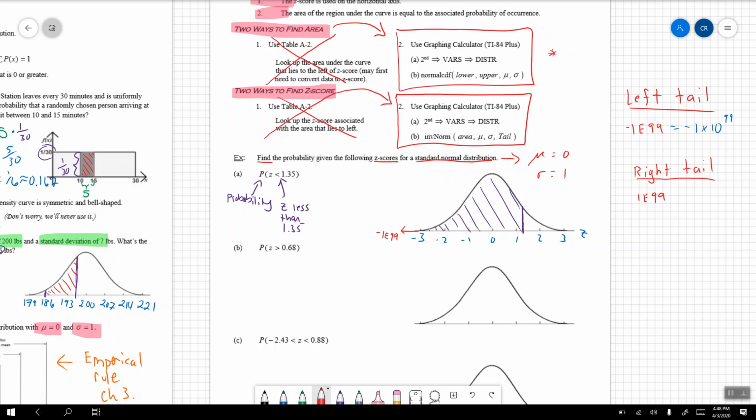If it's the left tail, it always needs to be negative 1E99. If it's a right tail, it must always be 1E99. Again, on the TI-84, this capital E means times 10 to the power of the numbers that follow it.